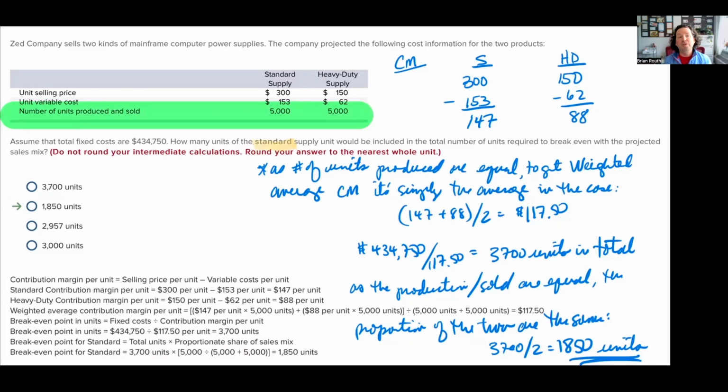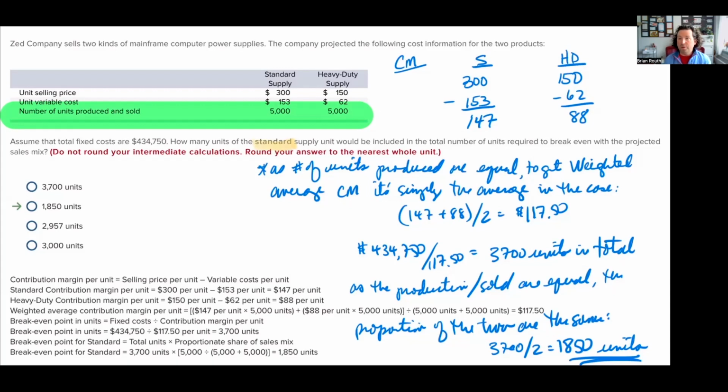So the first thing we have to do is find the weighted average contribution margin for our product. To do that, we start by finding the contribution margin for each type of product. Luckily in the problem, they gave us the selling price per unit and the variable cost per unit for each product. So I start with the selling price per unit of the standard, which is $300, and $150 for the heavy duty.